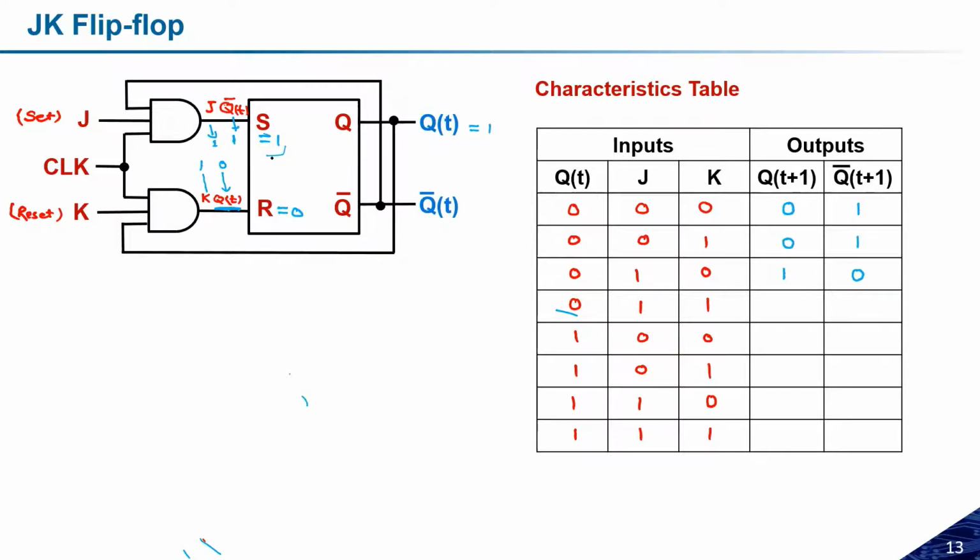S will become logic 1, so qt will by default become 1, and that will hold the same logic, which is going to be 1 and 0. So this is how it could be calculated.